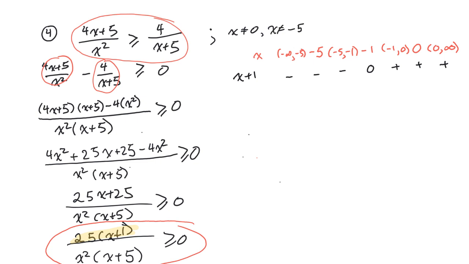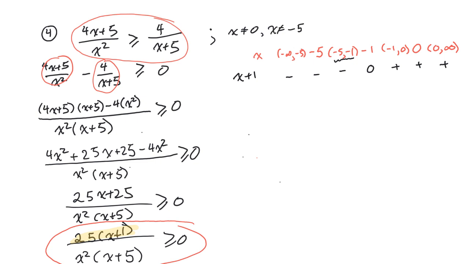And you can check that by plugging in any point between -5 and -1, say -2. See what value you get. -2 plus 1 is -1. It's negative. Check -5, negative. You can do the same for the last bit.